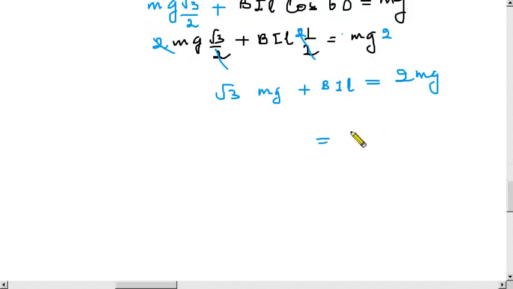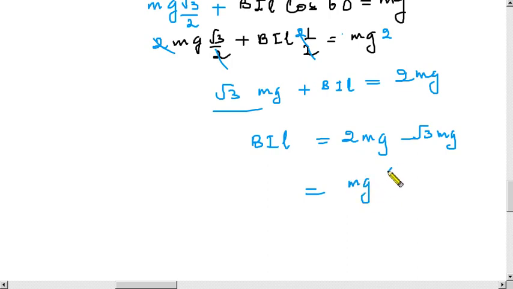Then 2 times mg minus this one, root 3 mg, here BIL alone. Then mg out, in brackets 2 minus root 3 divided by BL equals I.